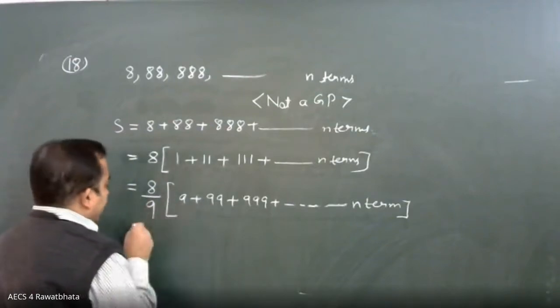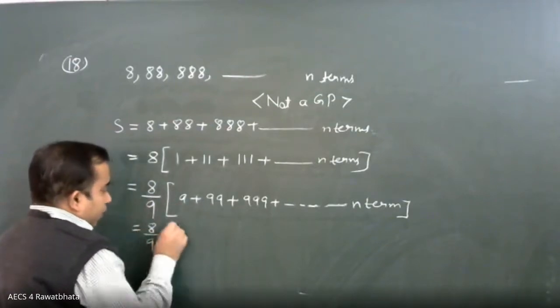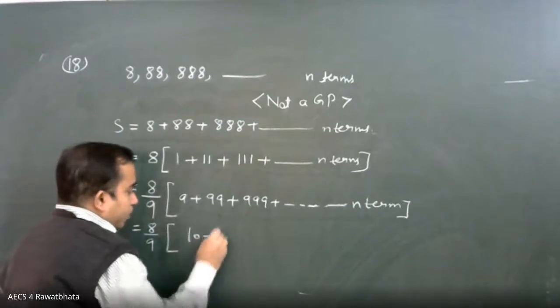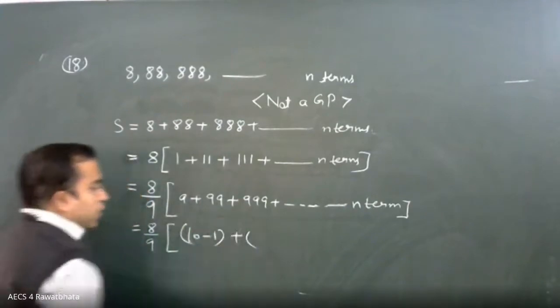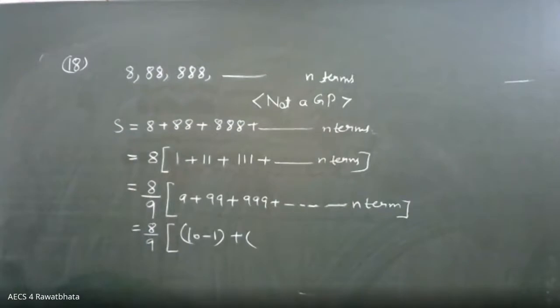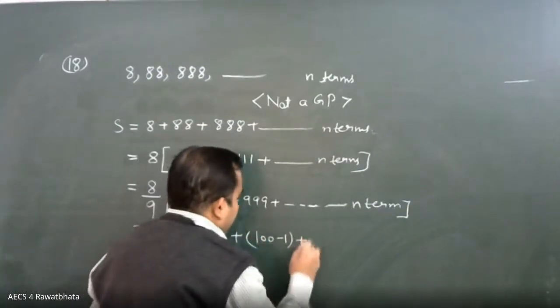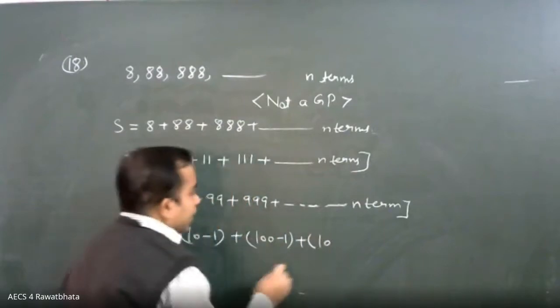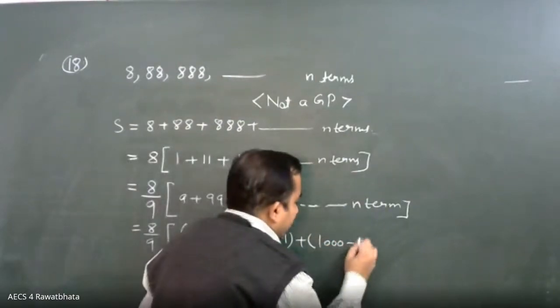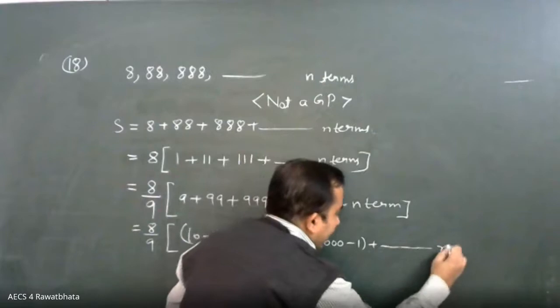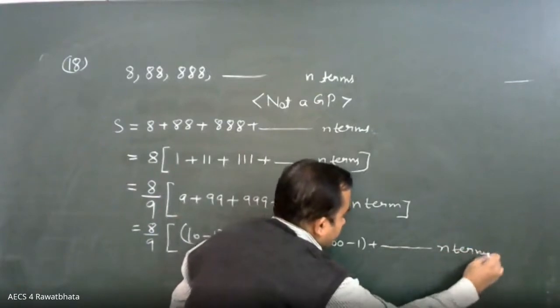So 9 I'll write, obviously 9 you can write 10 minus 1. 99 you can write 100 minus 1, yes. And so obviously 999 can be written as 1000 minus 1, etc., and N terms will be there and brackets will be there.